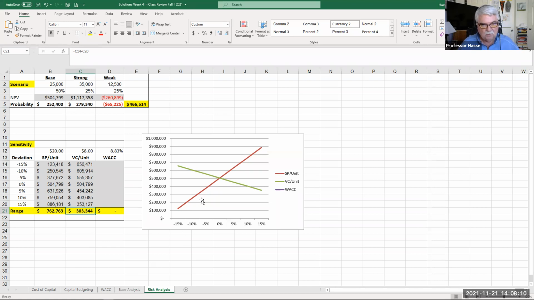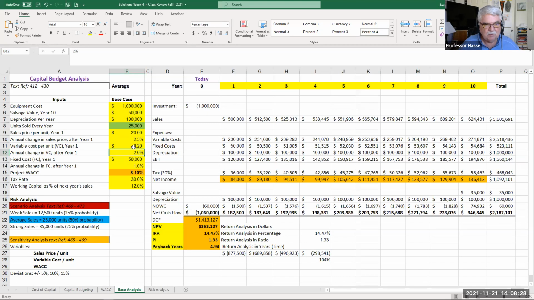And the point where they meet is naturally the 0% change, where we have the original base case of 504,799. So that's the variable cost rate. Now let's go back to our base case and put the variable cost back to its original amount, $8, and we go back to 504,799.